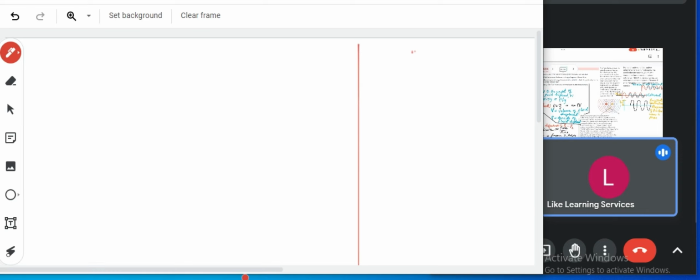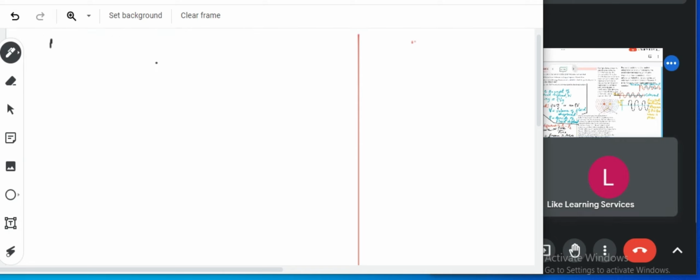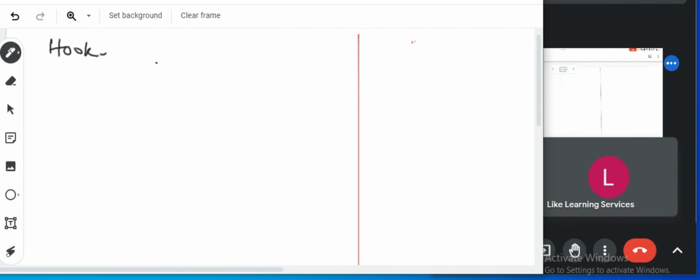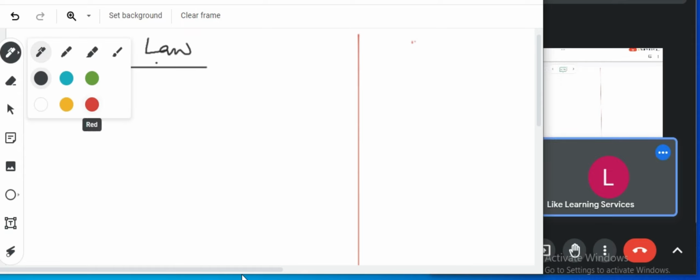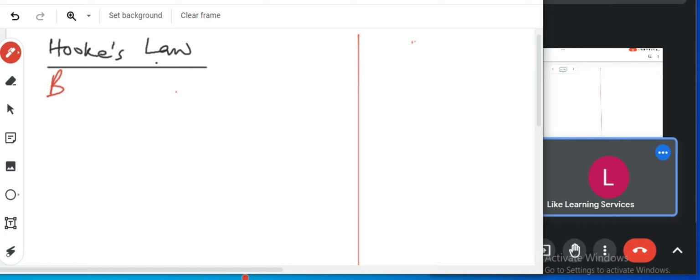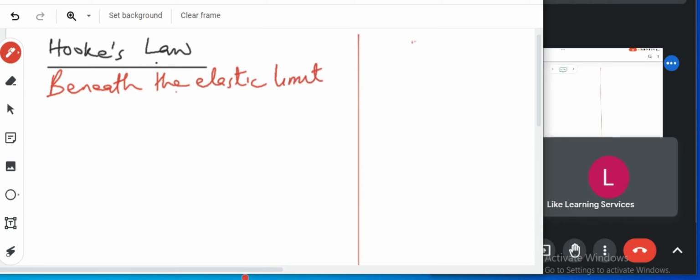So, just a quick review. And please, I'm on the next page, so that I can just note this down. Hooke's law: beneath the elastic limit, extension is proportional, or directly proportional if you like, to the applied force.